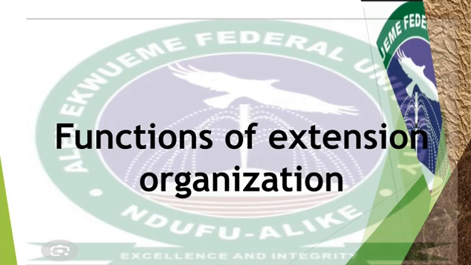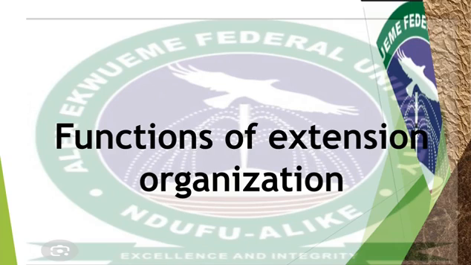Three is that extension organization divides work among its members by giving everyone a task to accomplish, thus limiting its attention to a set of tasks. Of course, we know this will encourage professionalism. That is what we call division of labor.